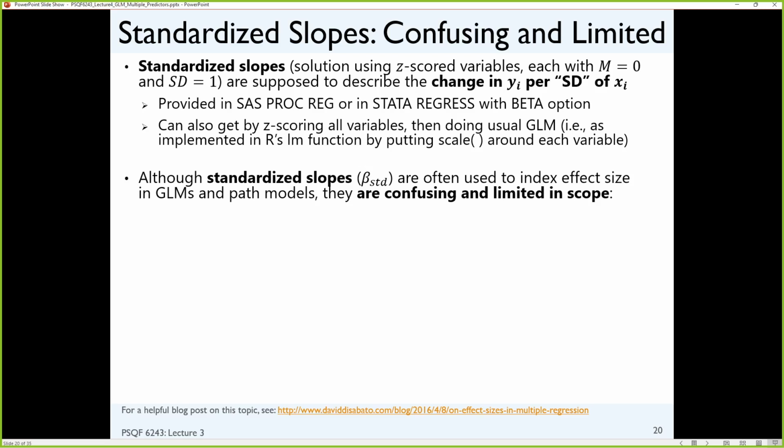So a standardized slope is if you converted every single variable in your model to a z-score metric. So if you converted it to a metric where you have a mean of 0 and a standard deviation of 1, and then you ran your model, the results of the model would be standardized.